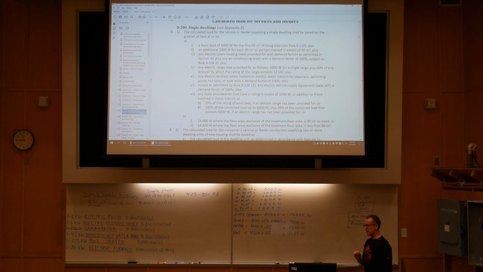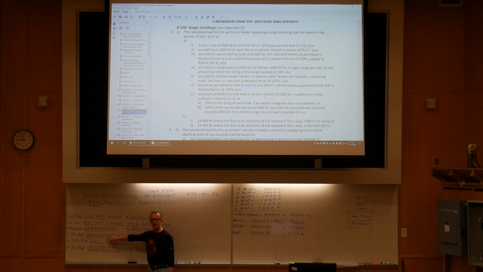Always double check your math, be neat. We have the hot water tank done, garburator's out, we have the electric clothes dryer done, we have the electric range.